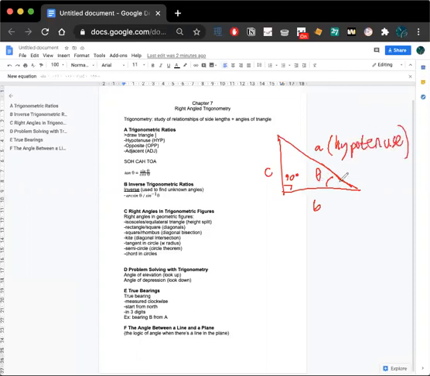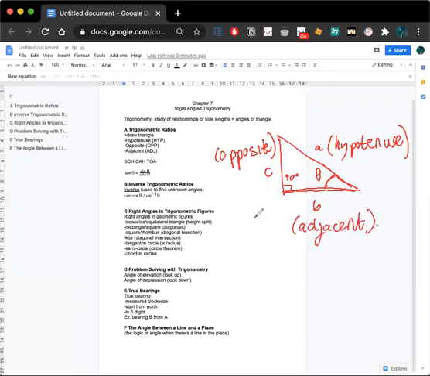And then the opposite of the angle, the one right in front of the angle, is called the opposite. While the one that's at the same side as the angle would be what you call adjacent.